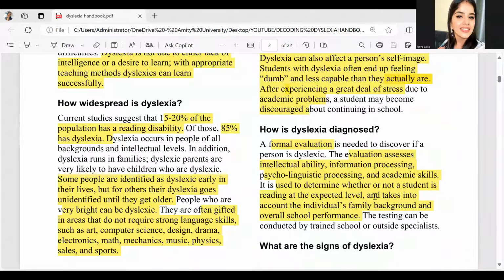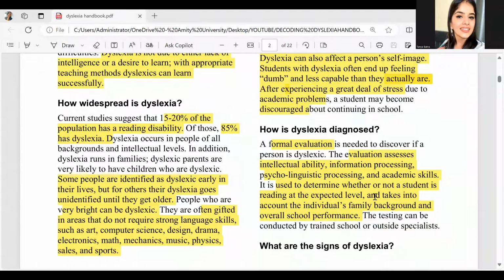Okay. How is dyslexia diagnosed? A formal evaluation, a formal diagnosis done by a clinical psychologist, is necessary. The evaluation assesses intellectual ability, information processing, psycholinguistic processing, and academic skills. There are several formal assessment tools available for diagnosing dyslexia, like DTLD, DTRD, and other intelligence-based tests.